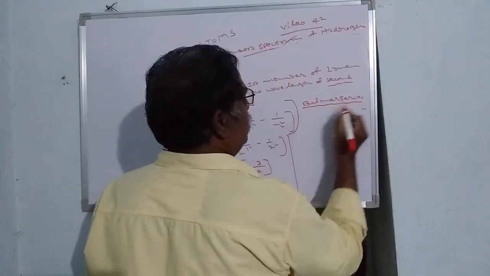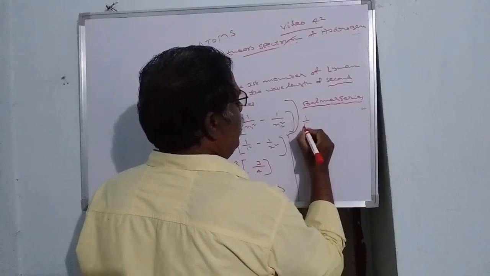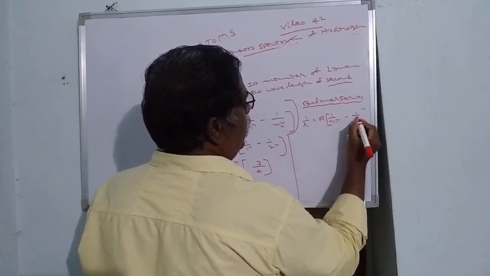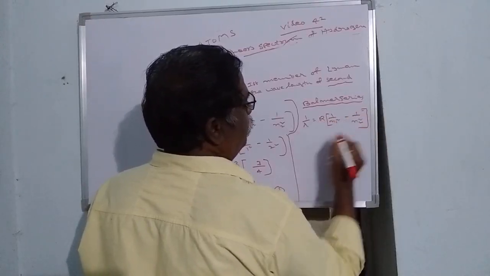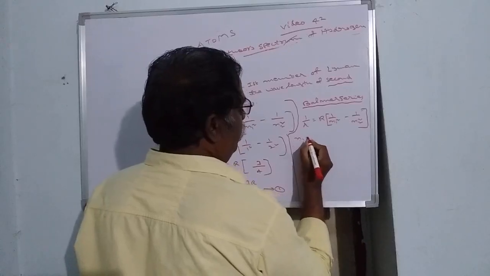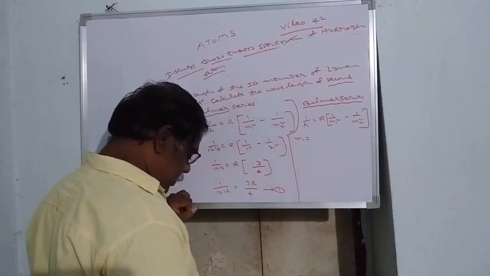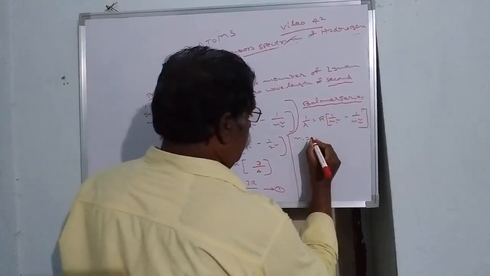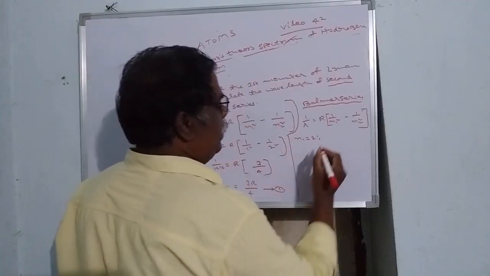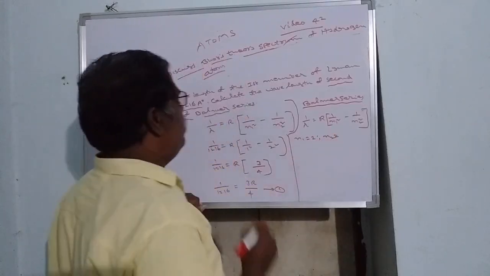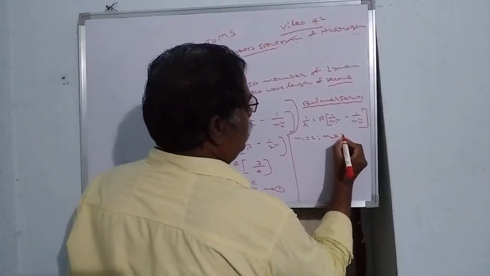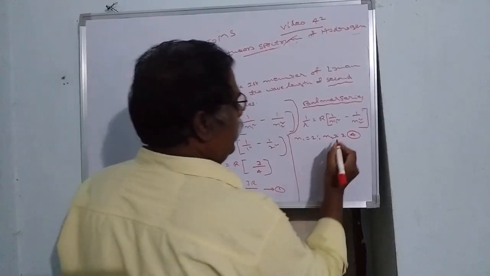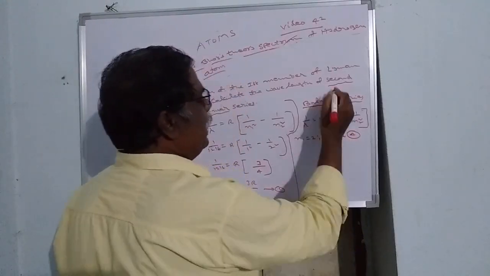So for the Balmer series, write down the formula: 1 by lambda is equal to R into 1 by N1 square minus 1 by N2 square. Here N1 will start with 2 for the Balmer series. Because this is the second member of the Balmer series, N2 is 3 for the first member, and for the second member we have to take 4 as N2. So 3 will not be taken, because they ask about the second member.